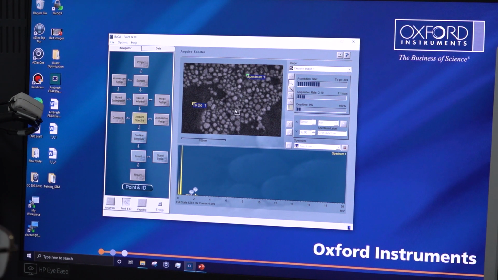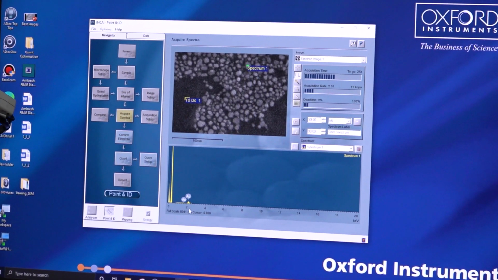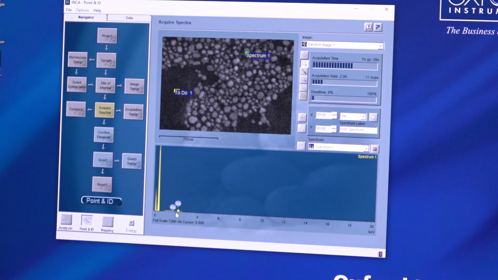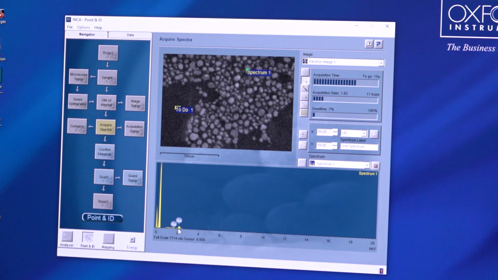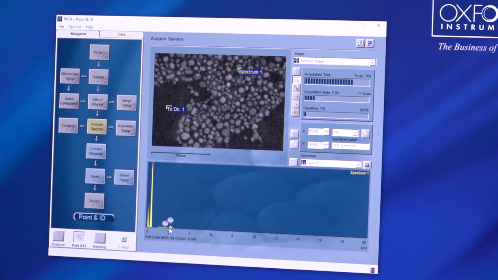So in the white region I am getting two small gold peaks somewhere around 2.1 or 2.2 keV. So you have to be careful about the counts as well. You should have enough counts.